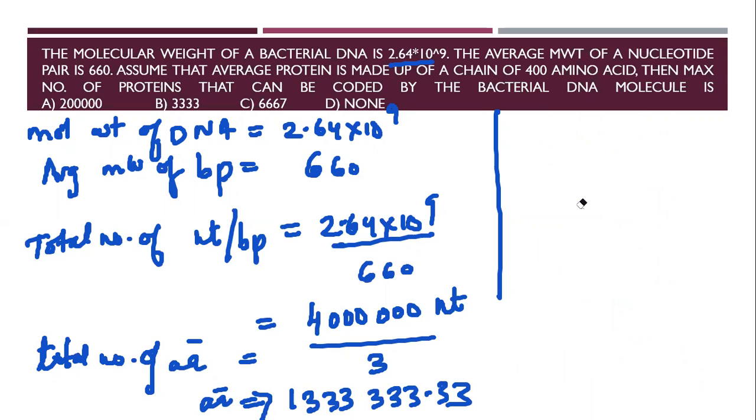Now we have got the total number of amino acids. What is asked now? They're asking the total number of proteins, where it is given that one protein on average is 400 amino acids.